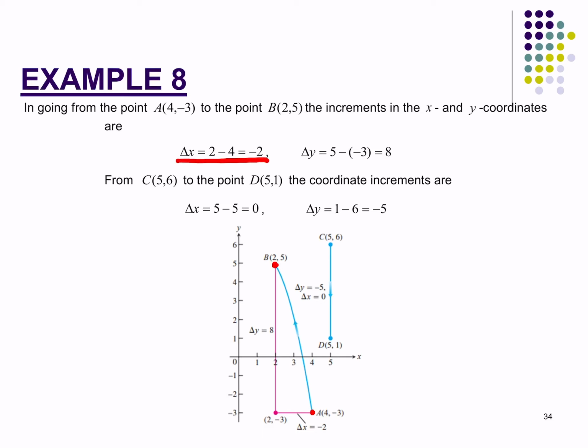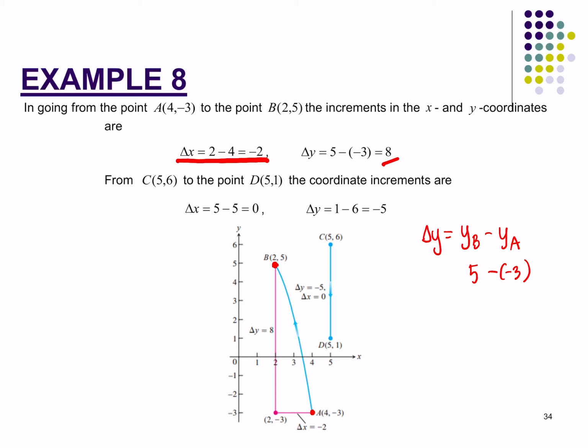Remember, we're going from A to B, so we have to start with the final point, the y of B first, and subtract the y of A, where the final point on B is equal to 5 and the initial point on A is -3. Therefore, 5 minus -3 becomes 8 in this case.